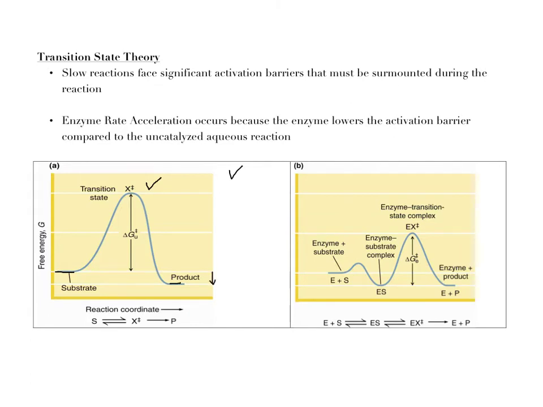This difference between the energy of the reactants and products, or the substrate and products, is the free energy change of the reaction, delta G, a thermodynamic property. This quantity here, though, delta G double dagger, is the activation energy.